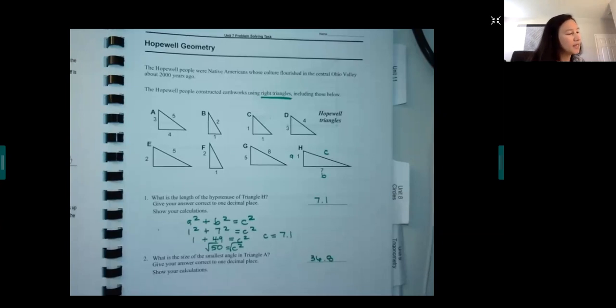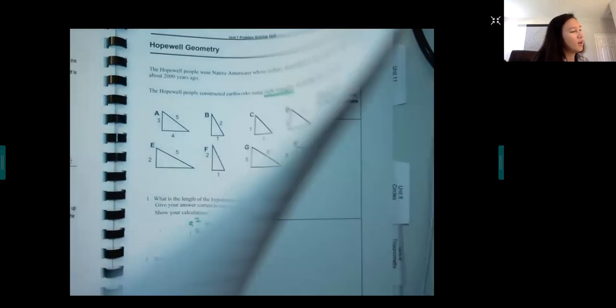Okay, yes, so it is. It is triangle A, the 3, 4, and 5. We can prove it. If we do 3 over 9, that's equal to 4 over 12, which is equal to 5 over 15.